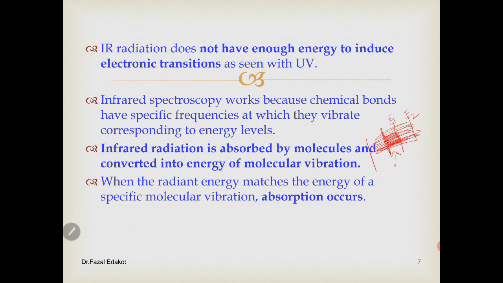Say this is E1 and this is E2. Infrared radiation is a wide spectrum, and one of the radiations is very suitable for this gap. That radiation will be absorbed and the molecule will get vibrationally excited. That's what you have seen.